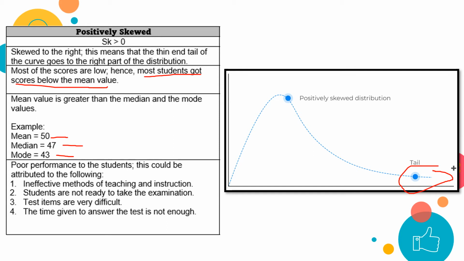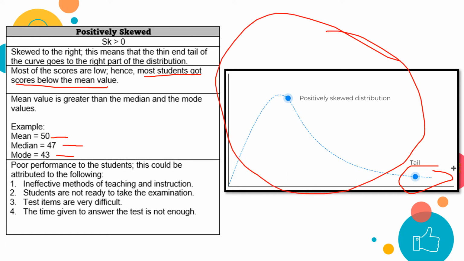But how about the students who will be answering the exam? Those are just some of the reasons why we have poor performance of the students, and this will be the result if we solve for the skewness coefficient. So that's the interpretation of this figure.